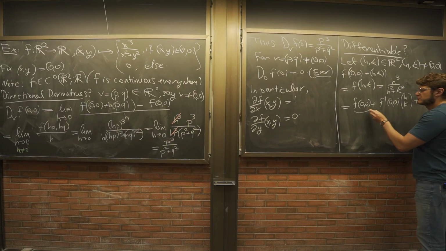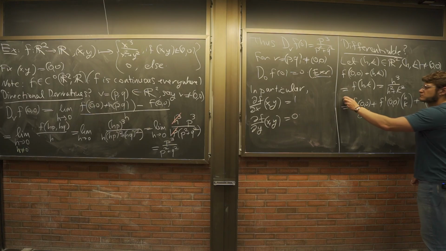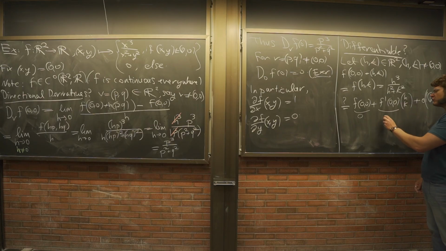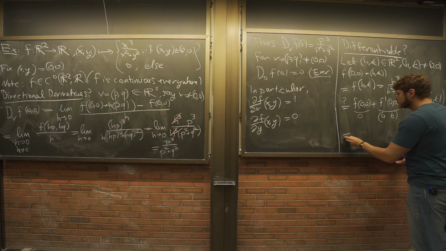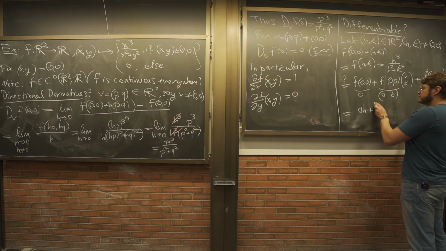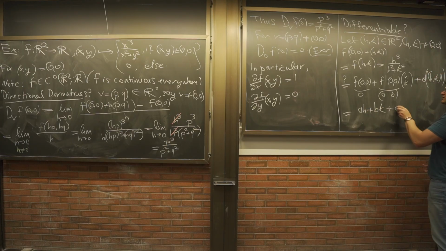And this is 0. You ask, can I put this in this form for some numbers, let's say a and b? So this is going to be of the form a, b, and so this is going to turn into ah plus bk plus higher order terms.